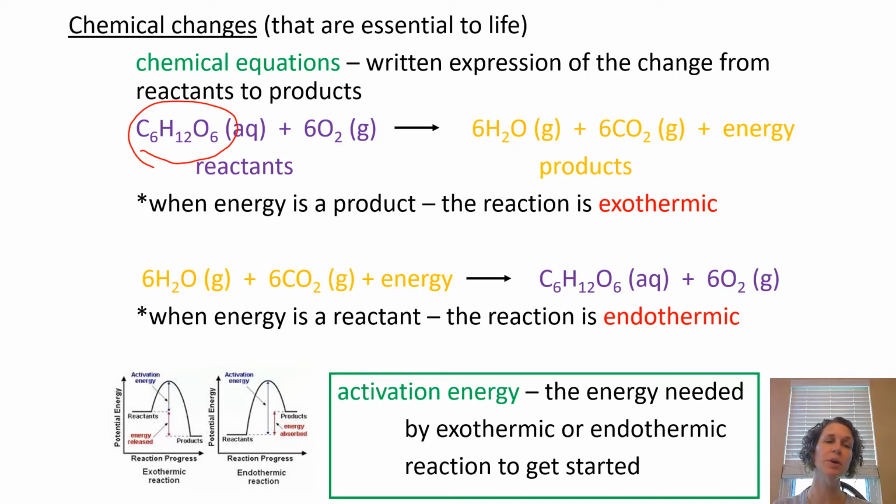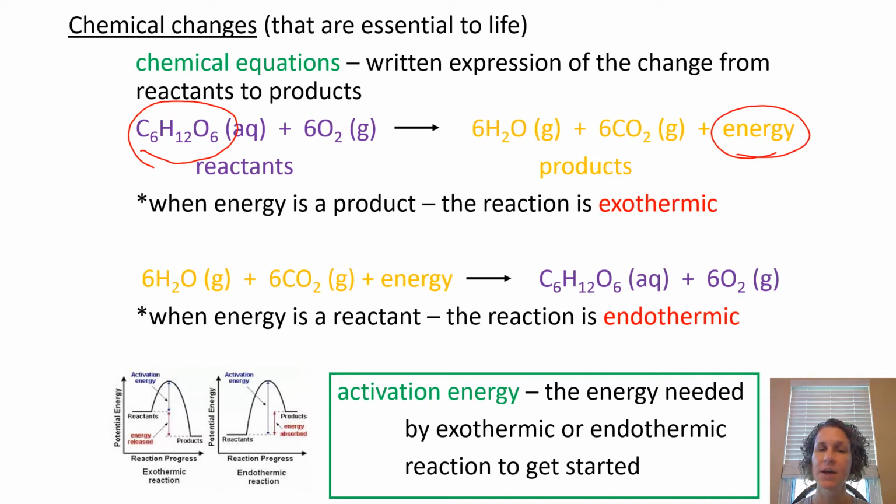When it is broken down in the presence of oxygen, it will produce some water, which your body uses or you breathe out, CO2 again, which you get rid of, and then the big thing that you're after, energy, and then your cells use that, and your body's able to do other things.